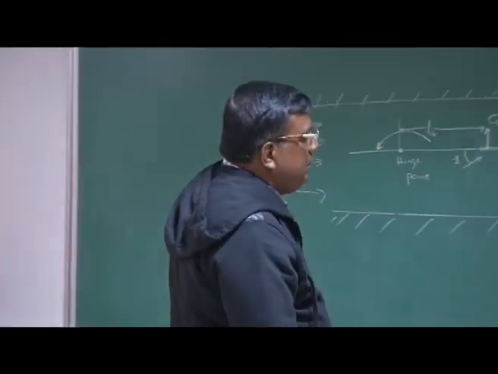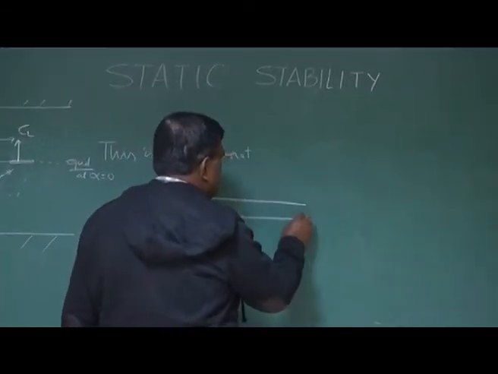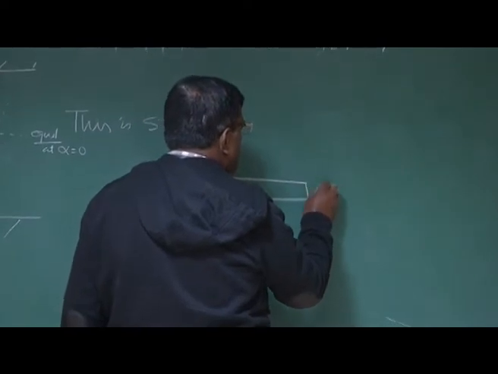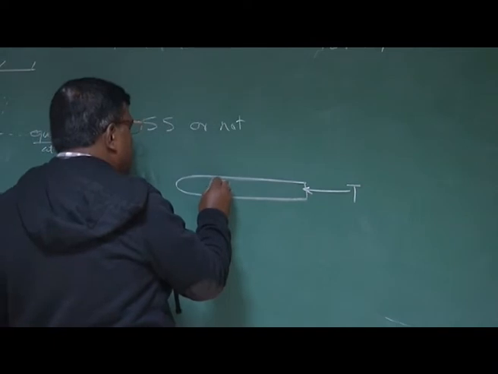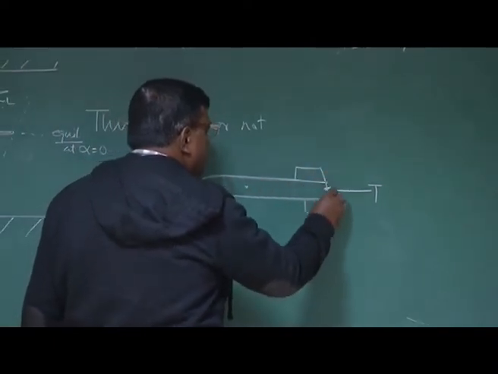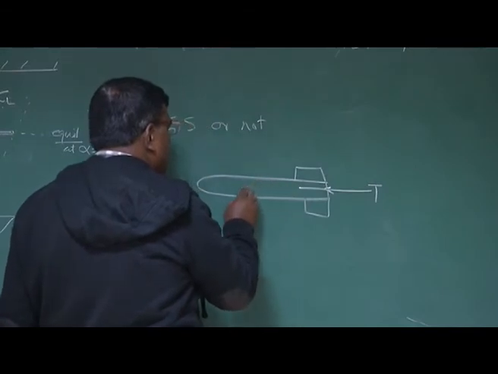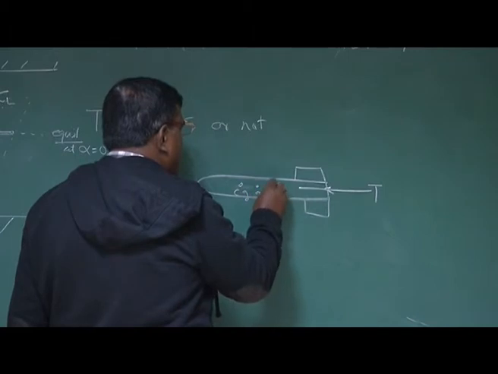Please understand what happens. Suppose I have fired a rocket which has thrust T and which is statically stable. This is the CG, and this is the aerodynamic center or center of pressure.